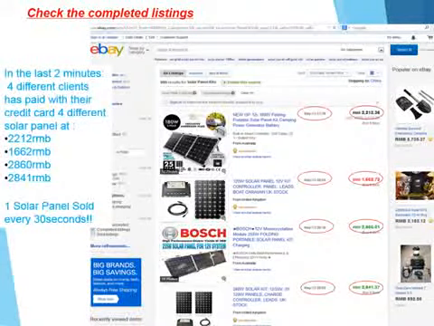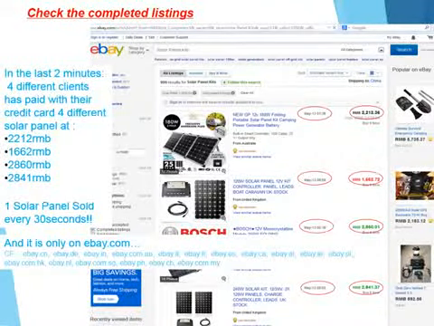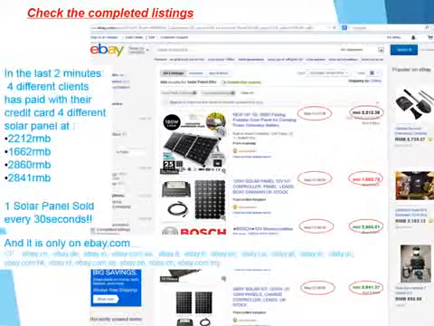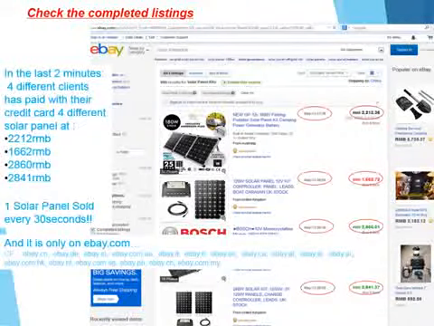And this is only eBay.com, so you can do the same for eBay CN, eBay DE, eBay Indonesia, eBay Australia, eBay Italy, eBay France, eBay Spain, eBay Canada. You can do it for all the eBay platforms, and like this it will be one solar panel sold every 10 seconds probably.